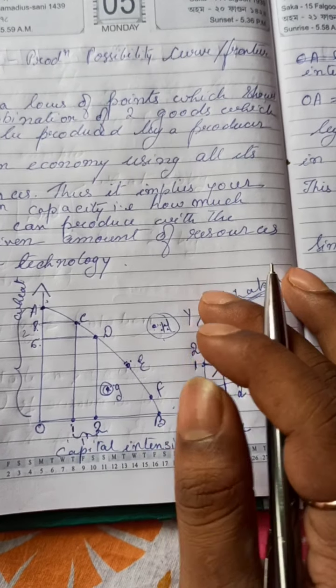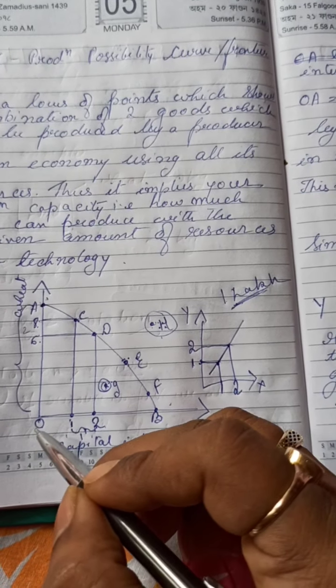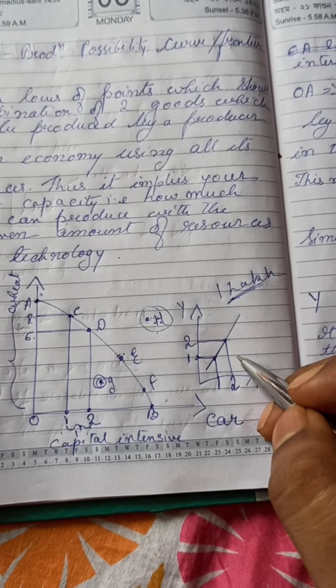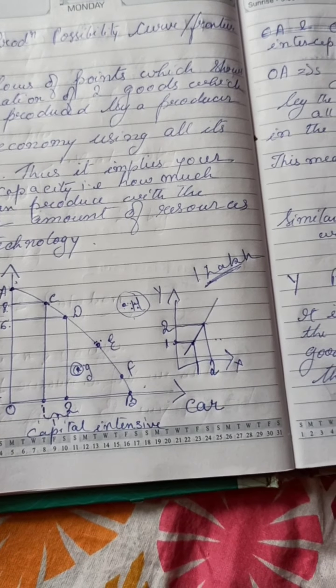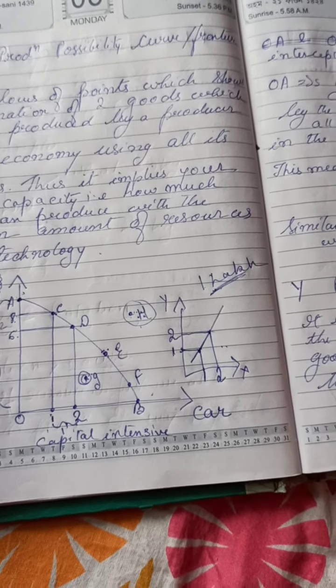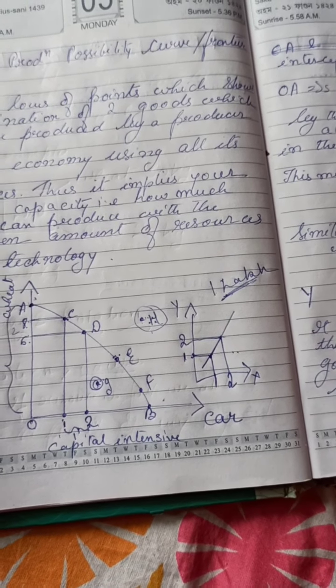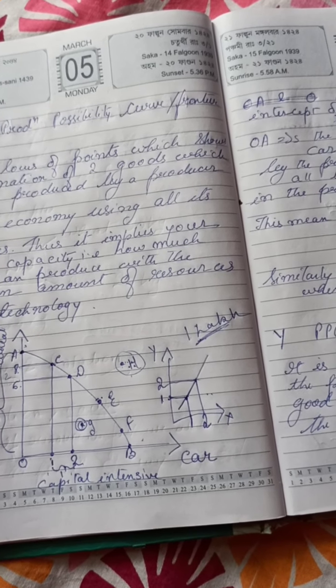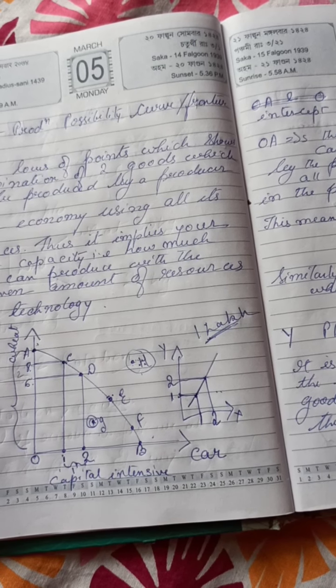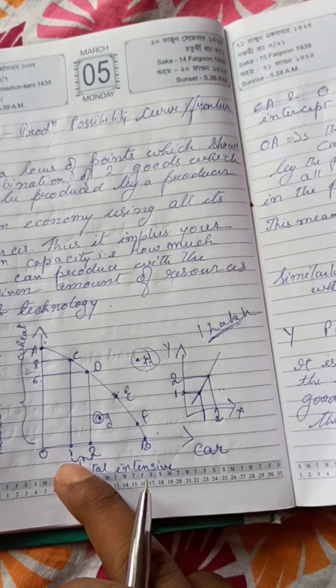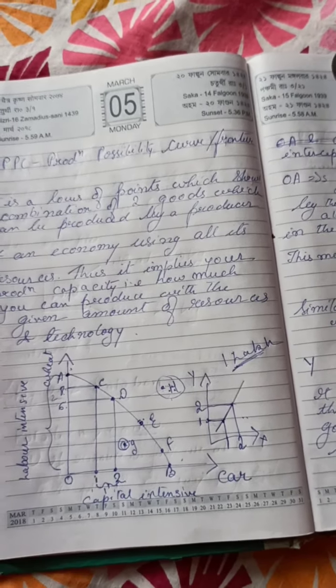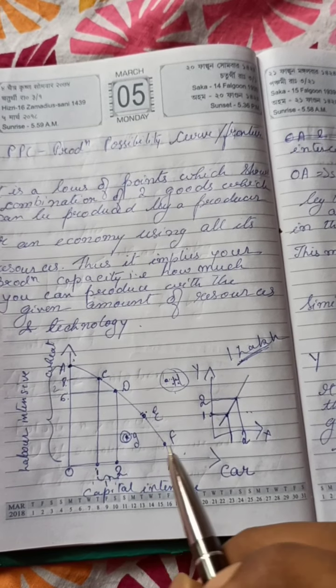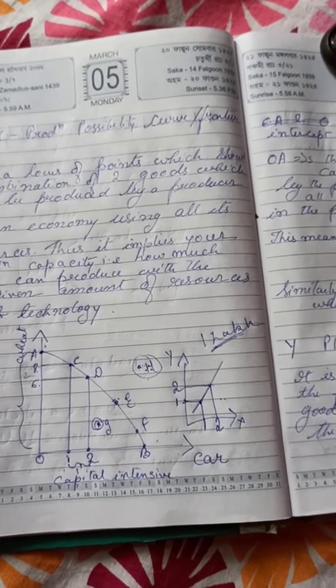Okay, so we have an opposite relation over here, and in a positive sloping curve we have a direct or positive relation. Okay, so you might ask me why this curve shows a negative relationship between two variables. This is because our resources are constant.